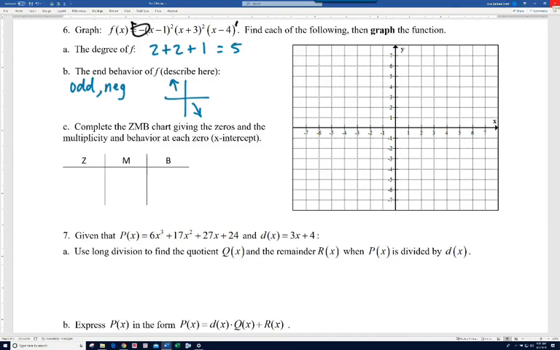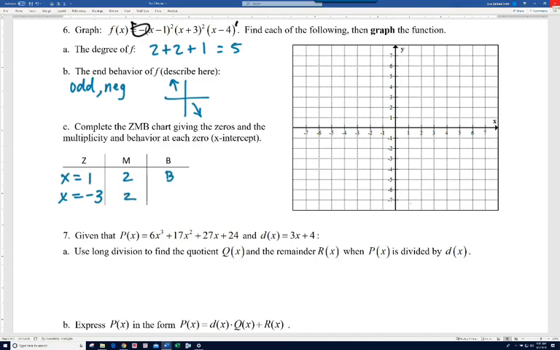So if x minus 1 is a factor, we know that x equals 1 is a 0. The multiplicity is 2, and so we know that the graph will bounce at that 0, or x-intercept. And then if x plus 3 is a factor, we know that x equals -3 is a 0.